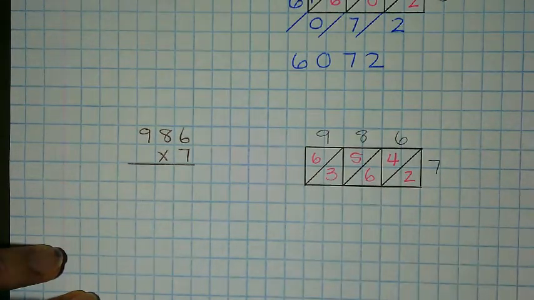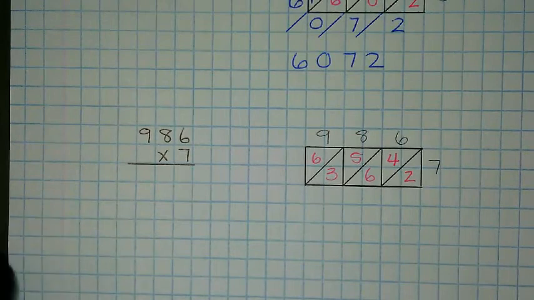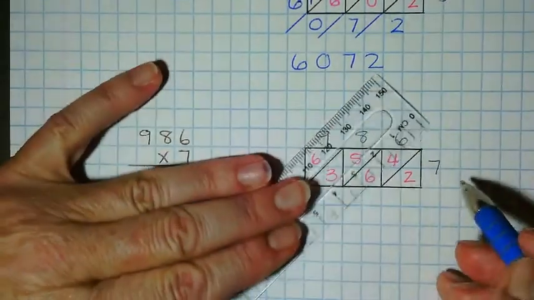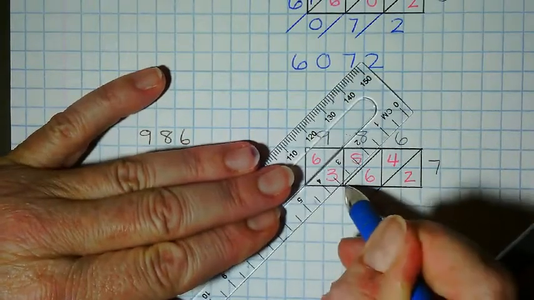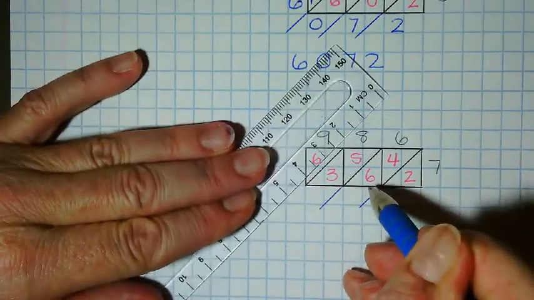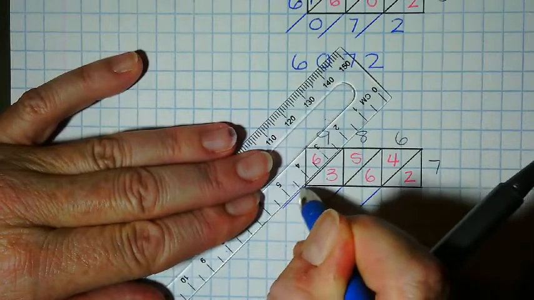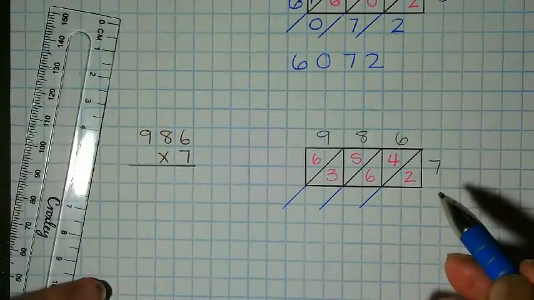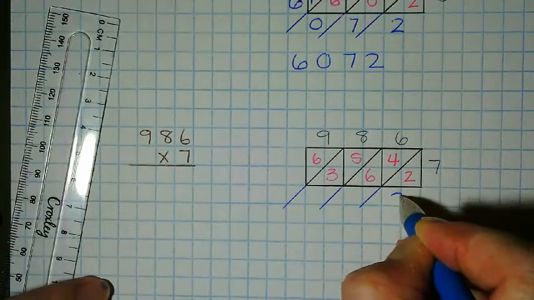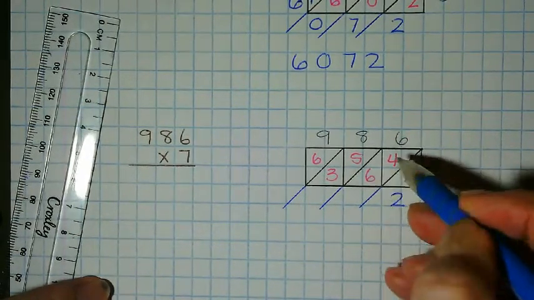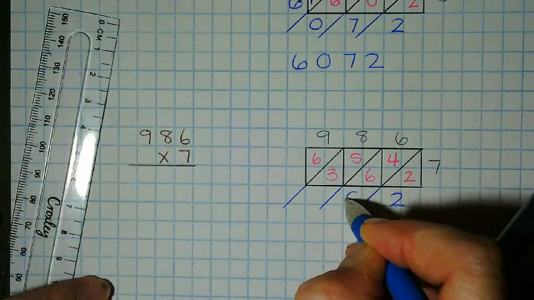Okay, let's see what happens now. We're going to make the diagonals longer again. 2 is alone, so I'm going to write the 2. 6 plus the 4 is 10, but look what happens, the 0.